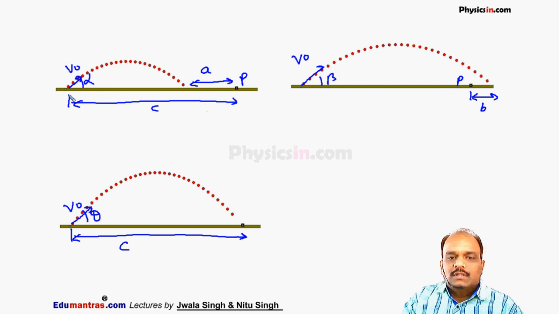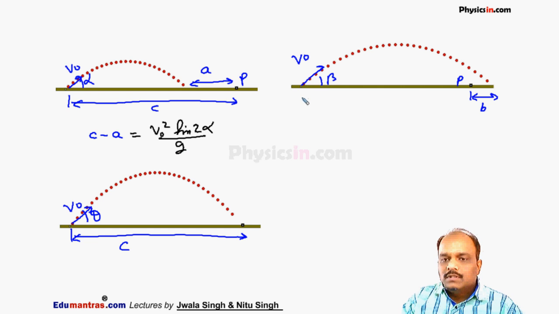In this case, the range of the projectile is C minus A. And we can say C minus A is equal to v0 square sin 2 alpha by g.